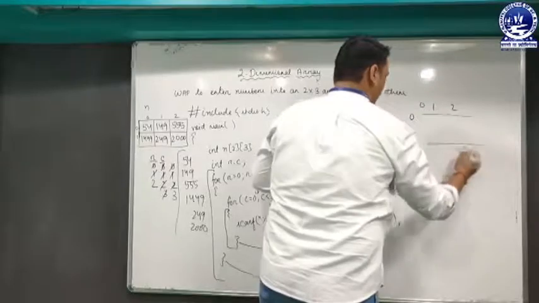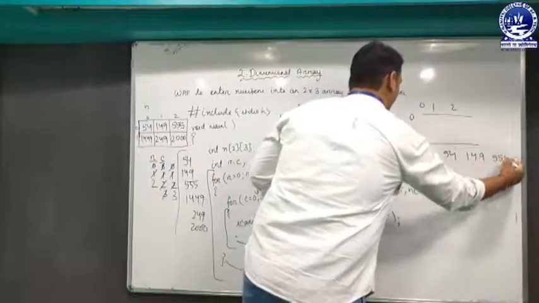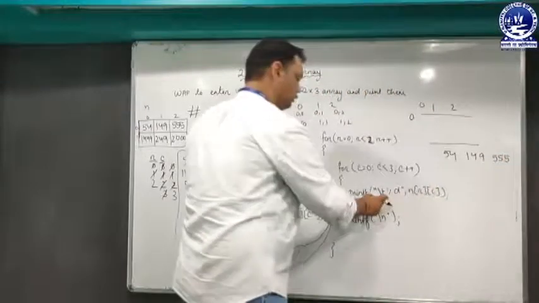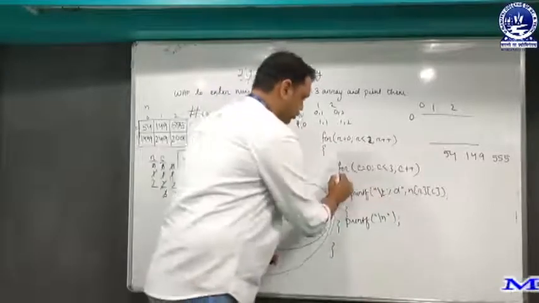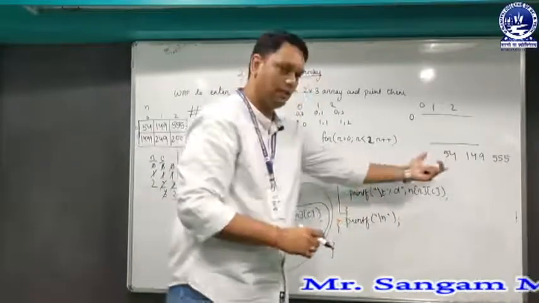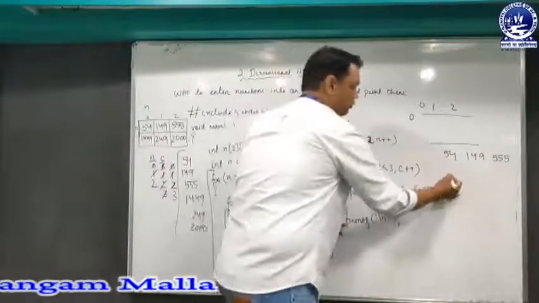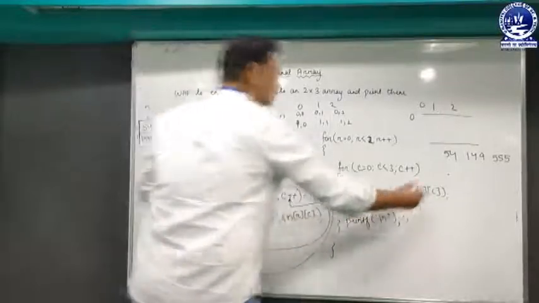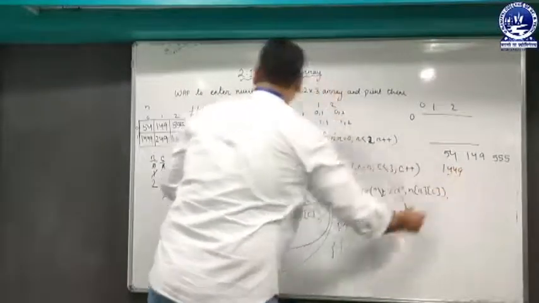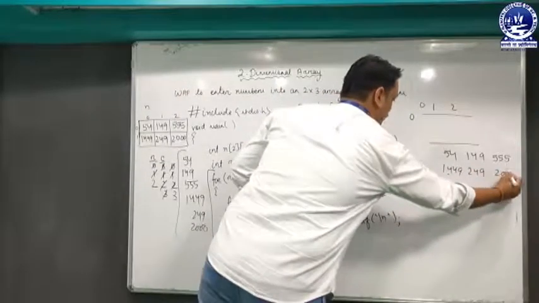That means we will have 54, 149 and 555 in a single line because we have used \t, that means a tab space. So all the numbers will be printed in a single line, and when it will come out from this column loop, the cursor will move to the next line and again all the numbers will be printed, that is 1449, the second is 249 and the last one is 2000.